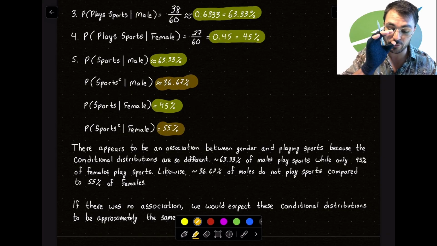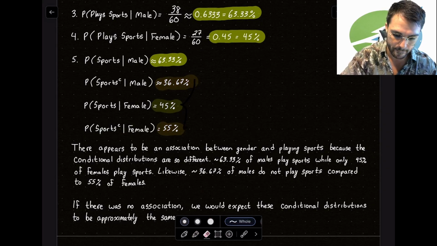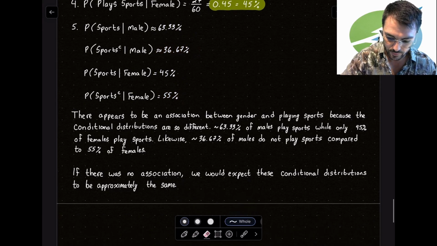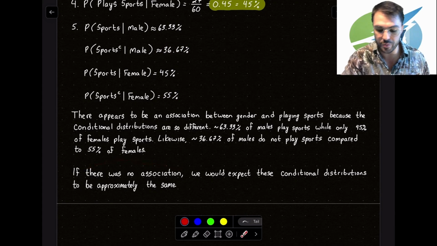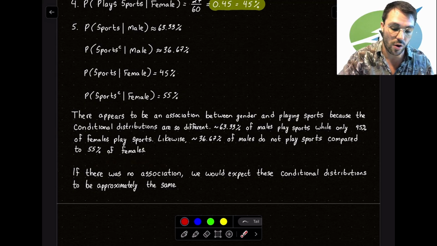So we could infer that males are more likely to play sports based on the given data. If there was no association, we would expect these conditional distributions to be approximately the same. If it was all 50-50-50-50, then we could infer that gender has no effect on whether or not a student plays sports because it's 50-50 for everybody.